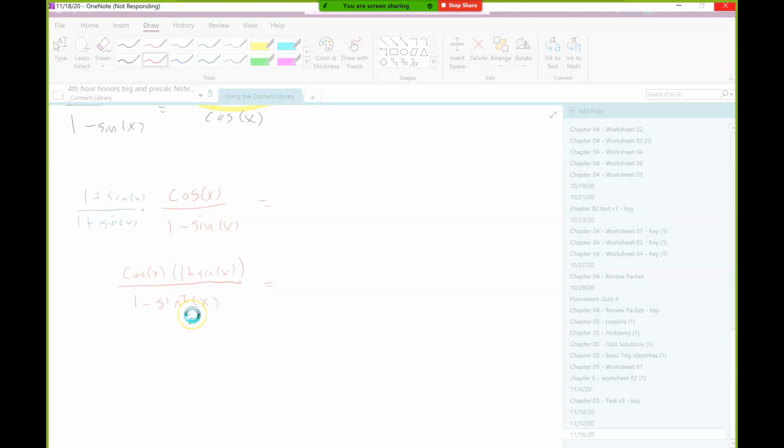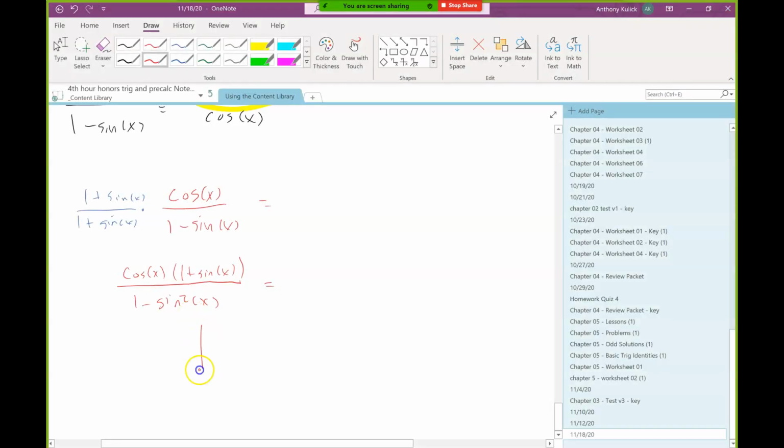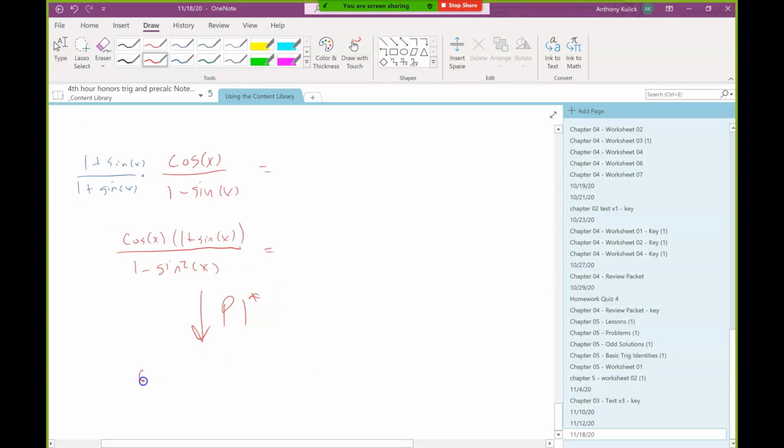Now that I have a 1 minus sine squared, I can use that identity, my P1 modified that I made, to turn that 1 minus sine squared into cosine squared. And again, let's look at where I'm trying to get to. I'm trying to end at 1 plus sine x over cosine x, which I'm pretty close to, right?